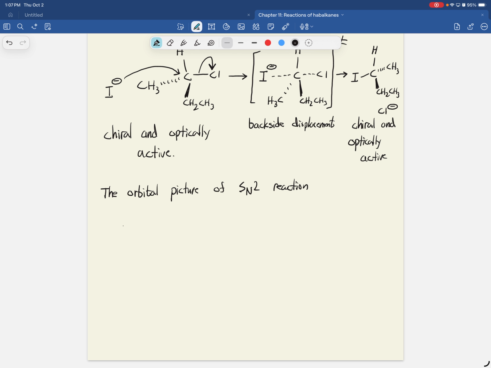Okay, so let's look at our nucleophile. It's negatively charged. Okay, so for your nucleophile, the negative charge sits in a hybrid orbital. So remember, the nucleophile here, if we had an oxygen atom or a nitrogen atom, those electrons will sit in a hybrid orbital.